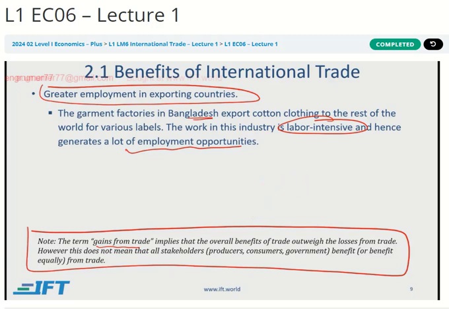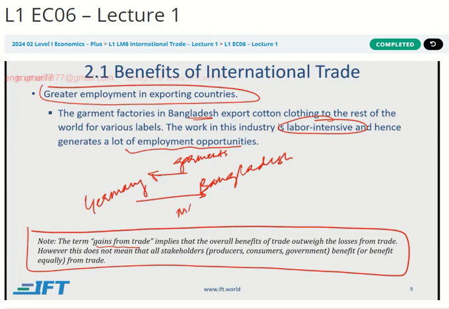What does that mean? So let's say you're in Bangladesh and the government decides that we're going to have a deal with Germany, and we'll tell Germany that, hey, you buy garments from us and we will buy machinery from you.